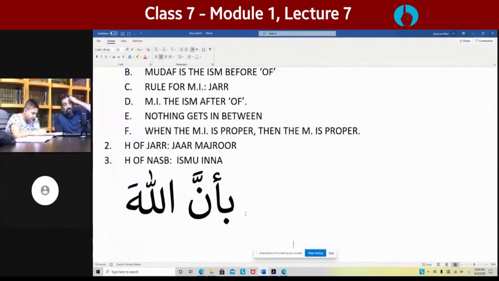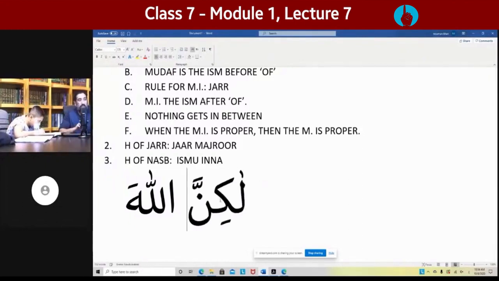So the word Allah would be ismu bi anna. If this was lakinna, I'll replace it: the word Allah would be ismu lakinna. That's how you call it.